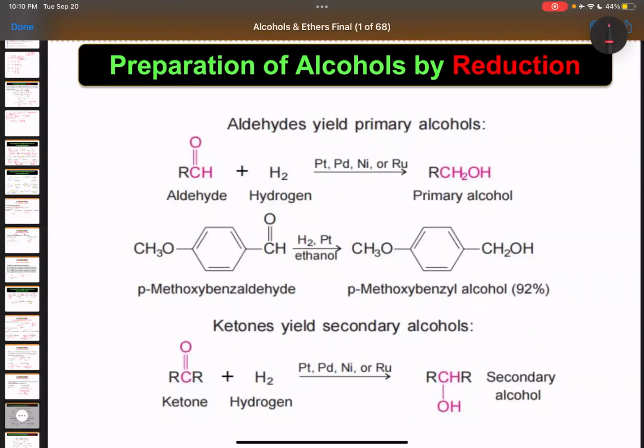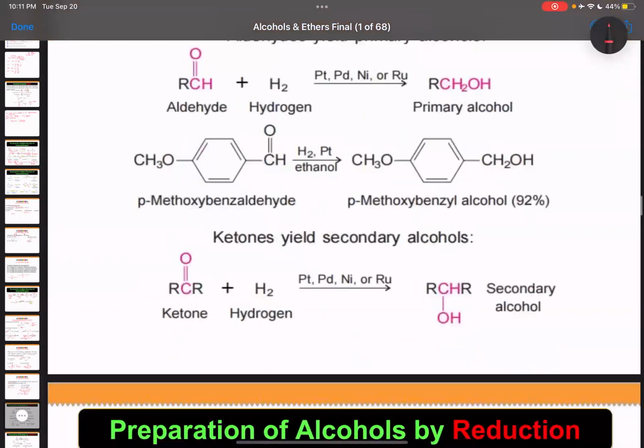Actually, whenever you're doing the reduction, you need to have a double bond, and the double bond cannot be there on the tertiary carbon. Clear? Yes, sir. That is the reason why tertiary alcohol cannot be prepared directly by reduction.